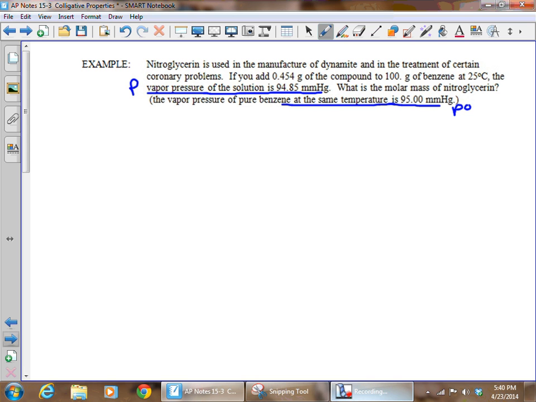So we're talking about the equation we just discussed, that P of the solvent, in this case benzene, is going to be equal to the mole fraction of the solvent times the standard pressure of the solvent when it's pure.